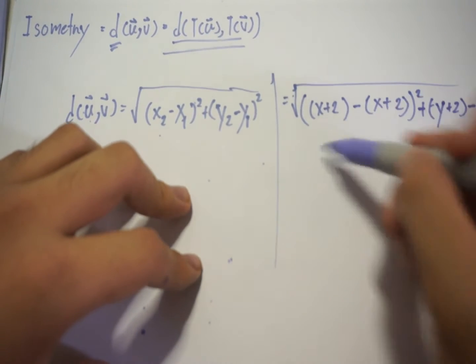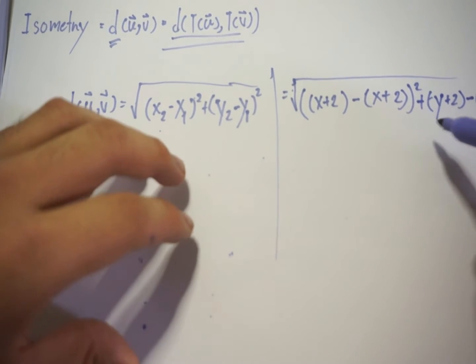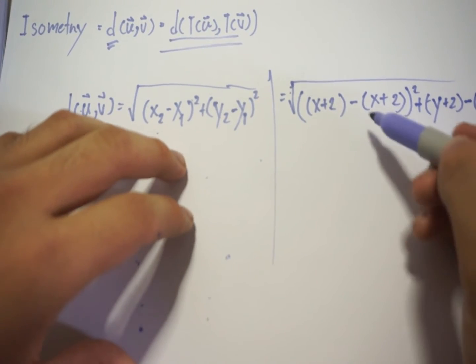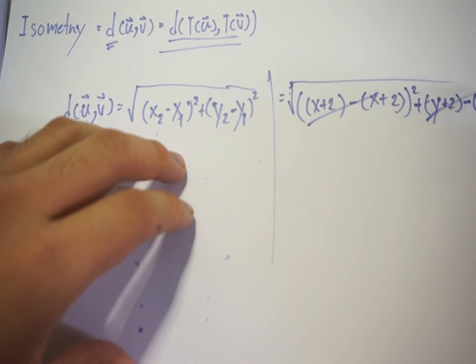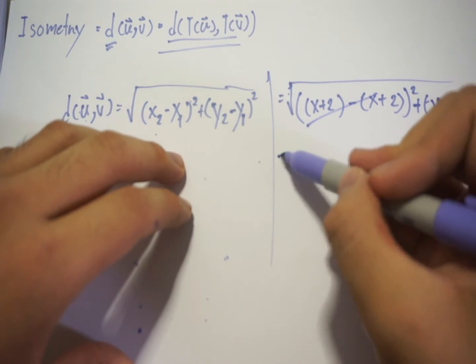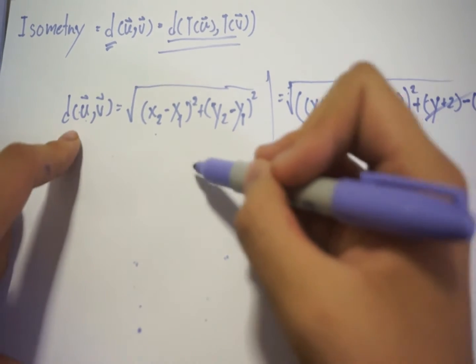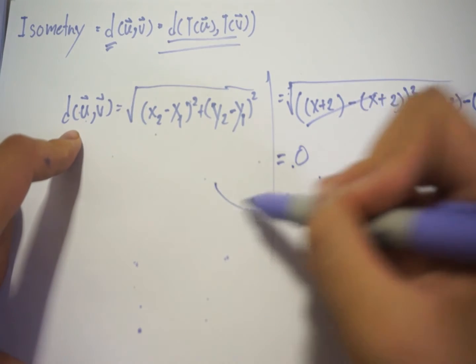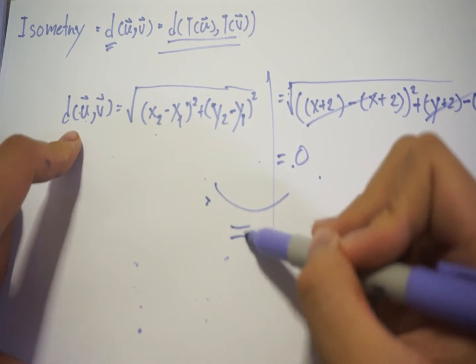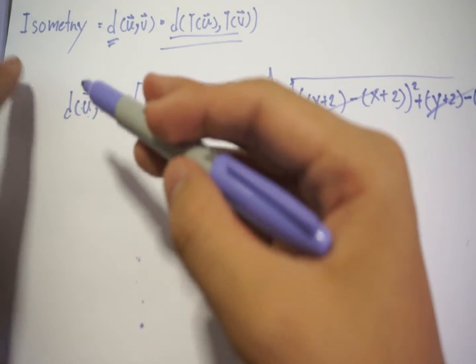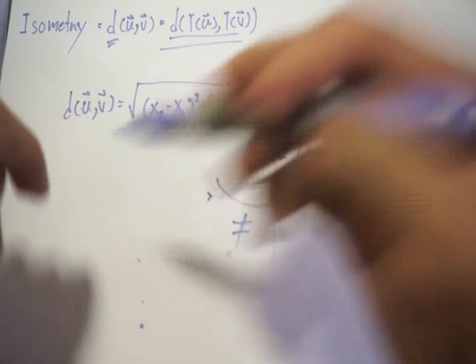As you may see, both of them cancel out, so that means we have 0. It is not equal to each other, which means this doesn't correlate in isometry.